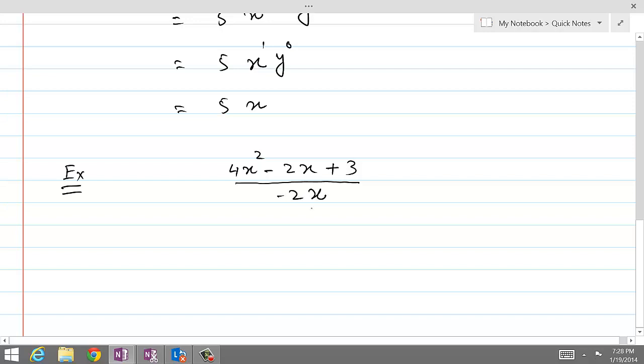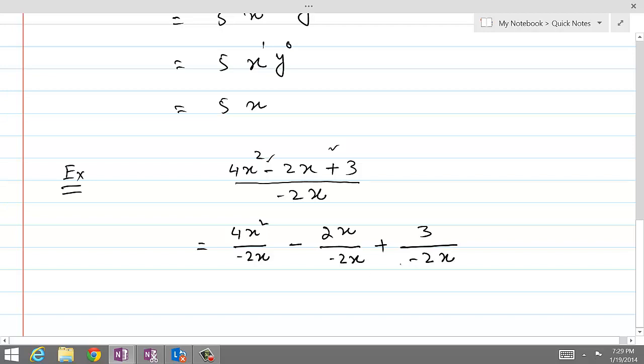And this time, because there are 3 terms in the polynomial in the numerator, we are going to use a strategy. This minus 2x is a common denominator to all of the terms in the polynomial in the numerator. Therefore, we divide 4x square by minus 2x, and then minus this minus, 2x over minus 2x, and then this plus sign here, plus 3 over whatever is in the denominator, that is minus 2x.